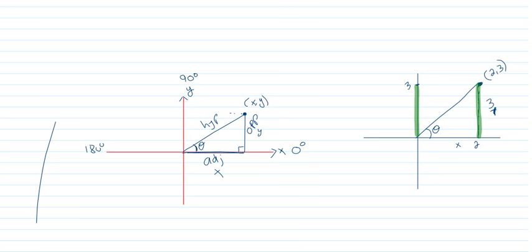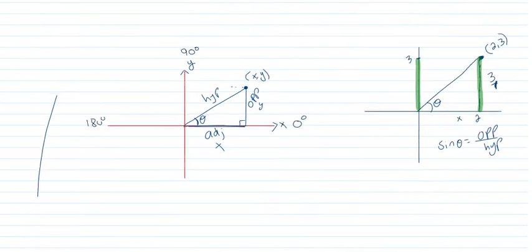Now, if we're going to look at this, sine of angle theta is what? Opposite over hypotenuse. So it's going to be 3 over whatever that is, right? We have to find that. Okay? So opposite over hypotenuse, right? So in this case, it's going to be y over hypotenuse. Okay? So I just showed you an example, so we can go back here.